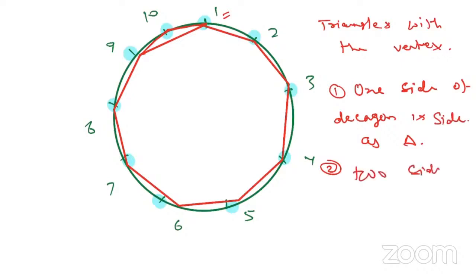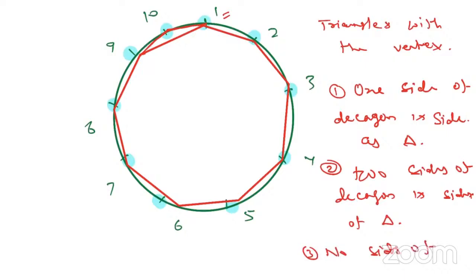Two sides of decagon is the sides of triangle. No sides of decagon is the side of triangle, right? It's a simple one.